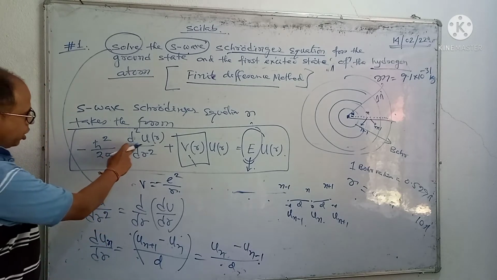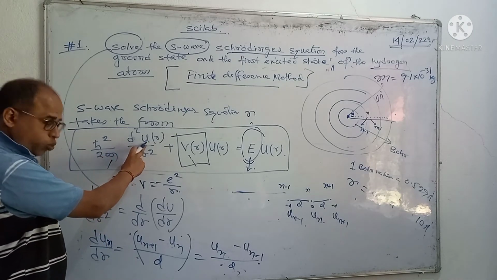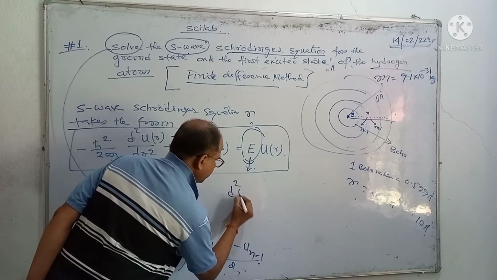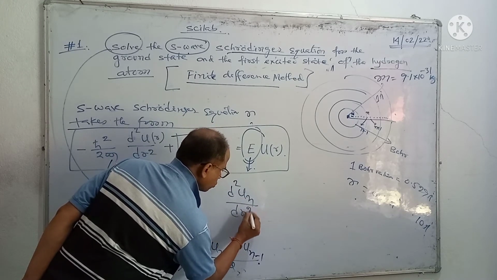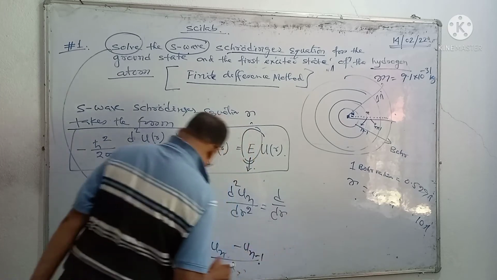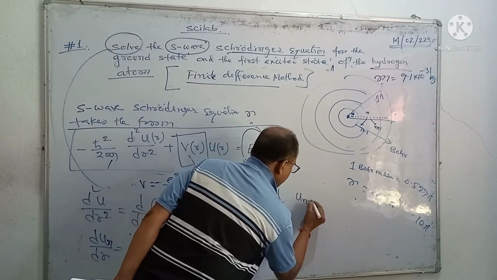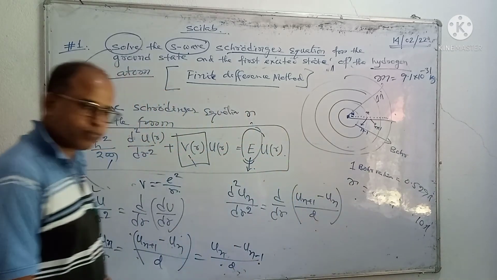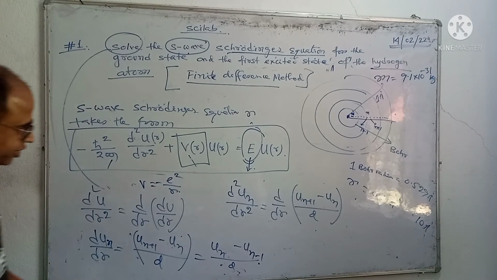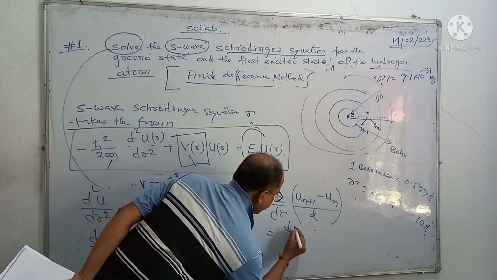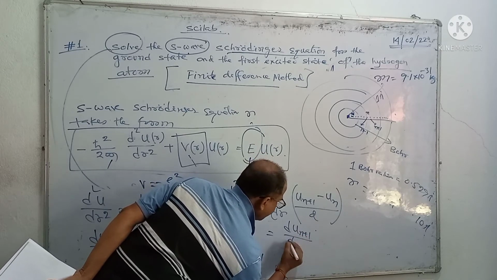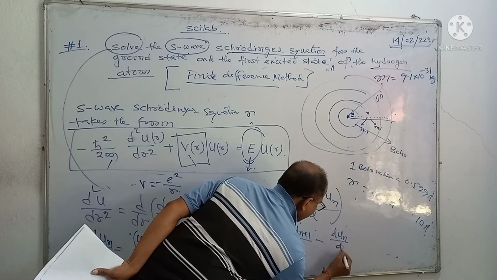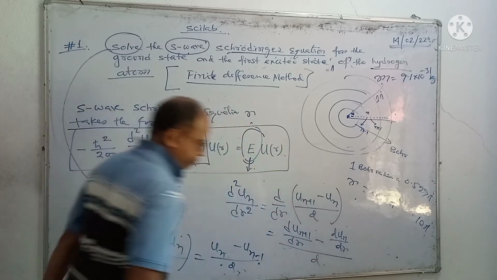Now I am going to d2un. d2un by dr square is equal to d by dr of un plus 1 minus un by d. Right? Now, this can be written as dun plus 1 by dr minus dun by dr by d.